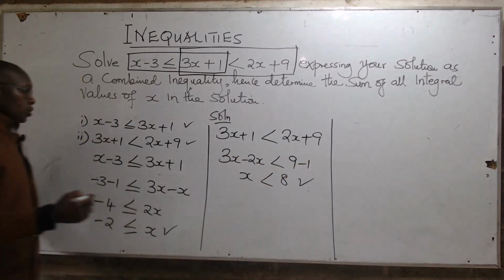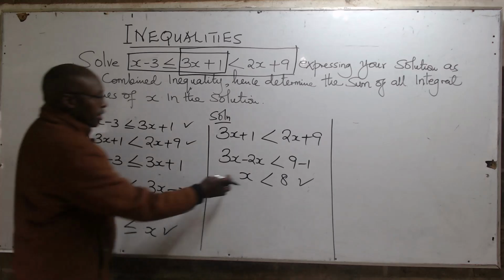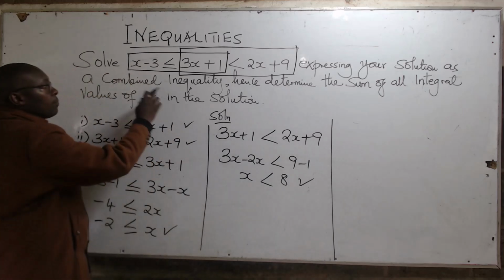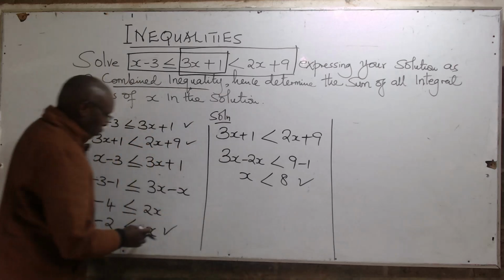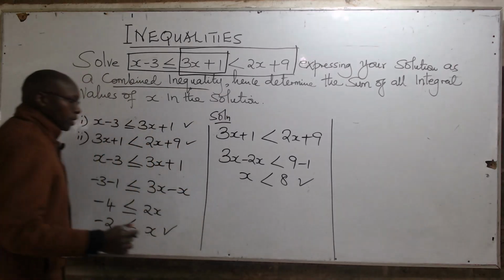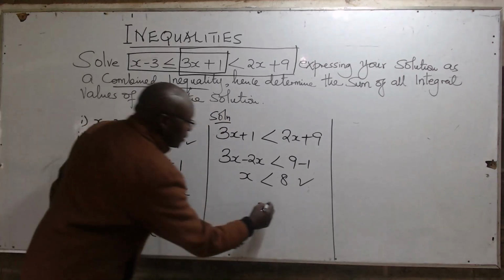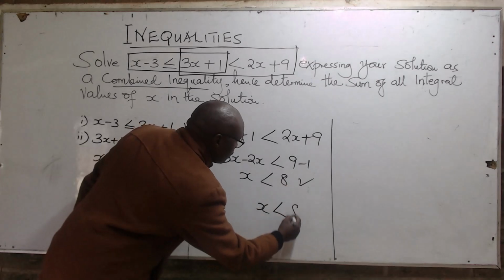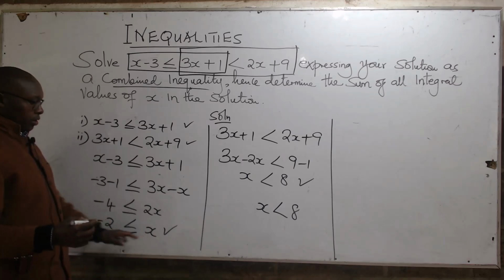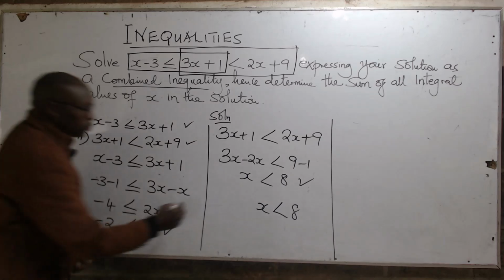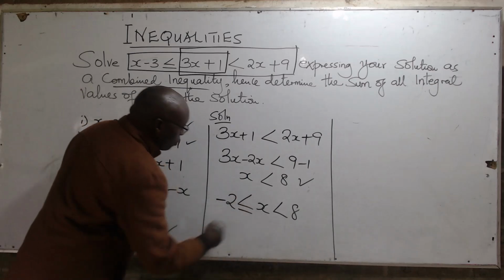Now with these two, you got negative 2 is less than or equal to x, and x is less than 8. You're supposed to express your solution as a combined inequality. So you combine these. You put x at the center, with x less than 8 on one side and negative 2 less than or equal to x on the other.